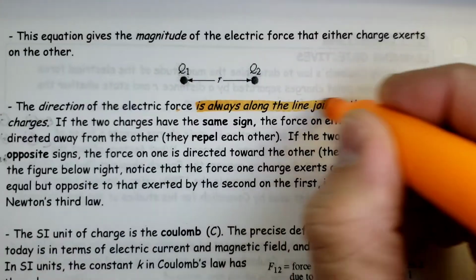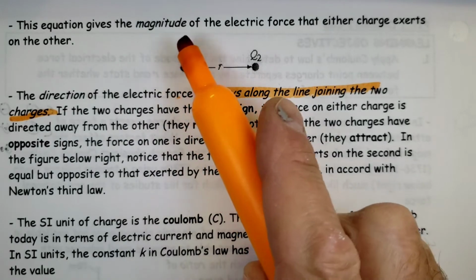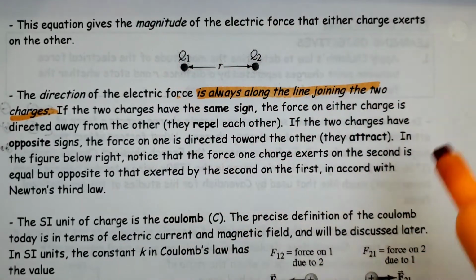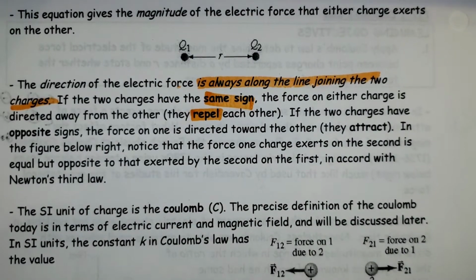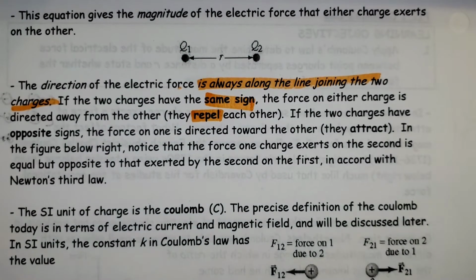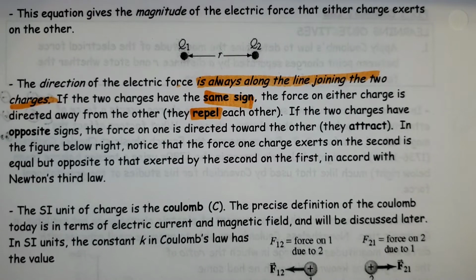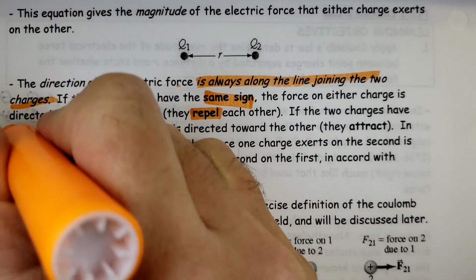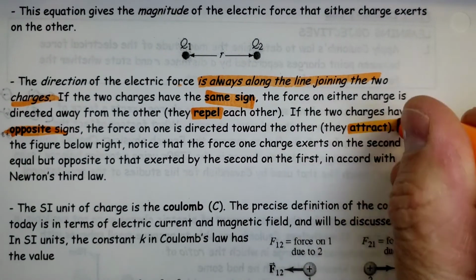If the 2 charges have the same sign, so positive and positive or negative and negative, they of course repel each other, because you know from earlier grades that like charges repel, whether they're 2 positives or 2 negatives. If the 2 charges have opposite signs, so for example, one is positive, one is negative, opposites attract.